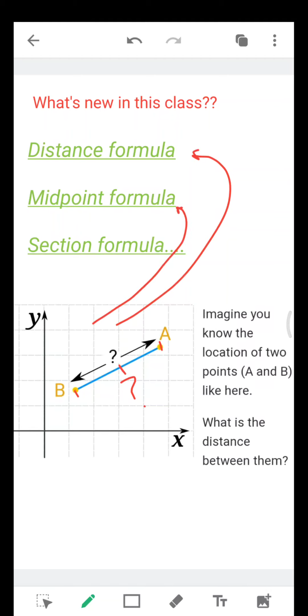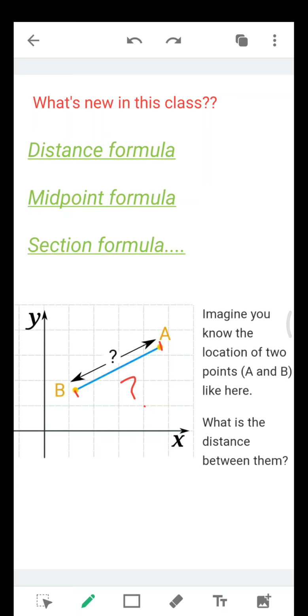And I'll explain what the section formula is. So these are the 3 new concepts which we are going to learn in class 10th coordinate geometry. The first concept is you can find the distance between any 2 points. Then we'll go for the other formulae too.